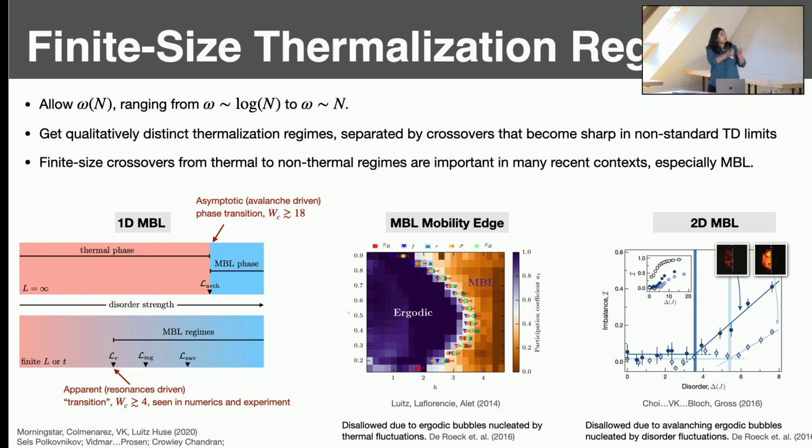You have disorder fluctuations that can seed thermal bubbles, and then these thermal bubbles avalanche and take over the entire system.